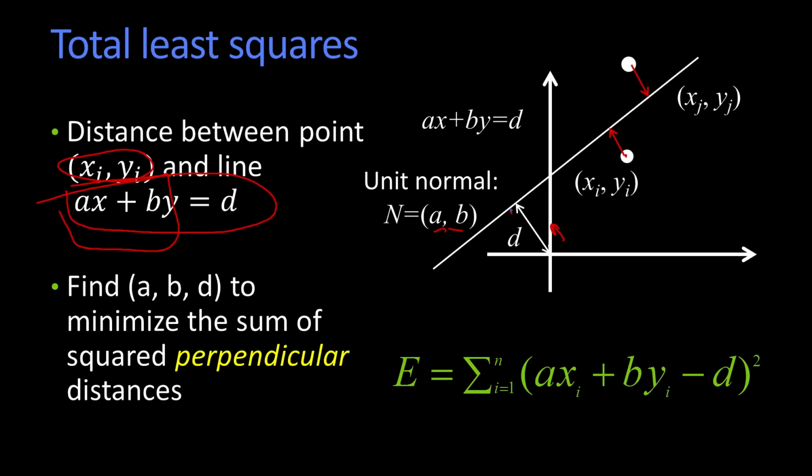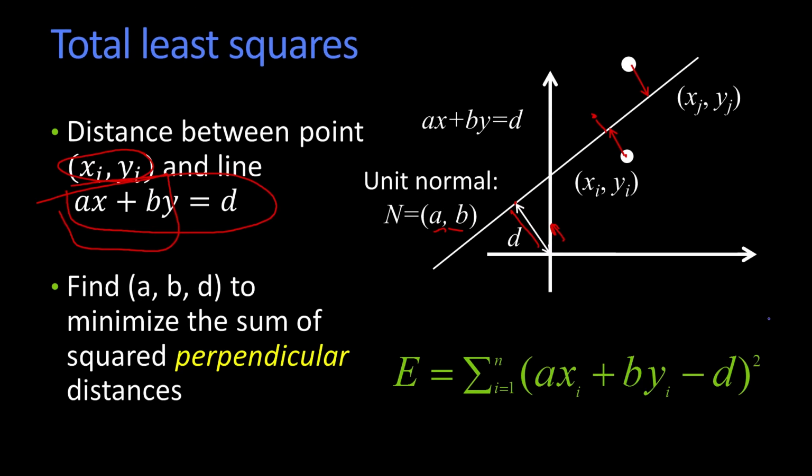That's this distance here as drawn there. And to the extent to which that point does not lie on that line, that perpendicular distance, as drawn here, is just ax + by - d, right? It's supposed to equal d, so if you subtract d, that's the dot product, and that's the perpendicular distance.